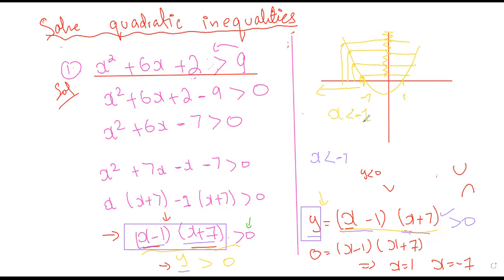X less than -7. And what is the range of x which we are getting for y greater than 0? Again, all these points. So this is 1, x greater than 1, right? So the answer would be x less than -7 or x greater than 1.